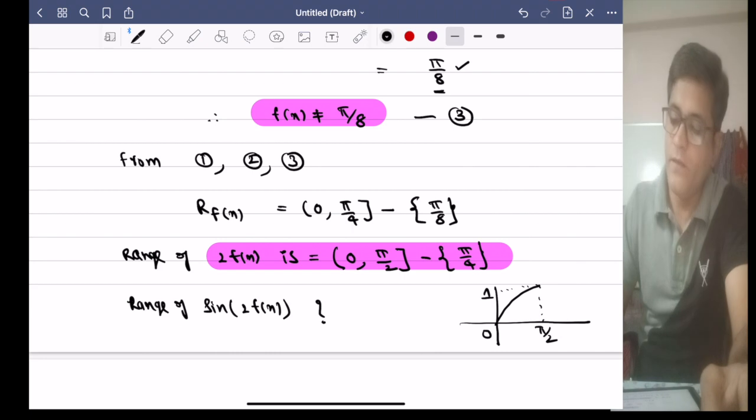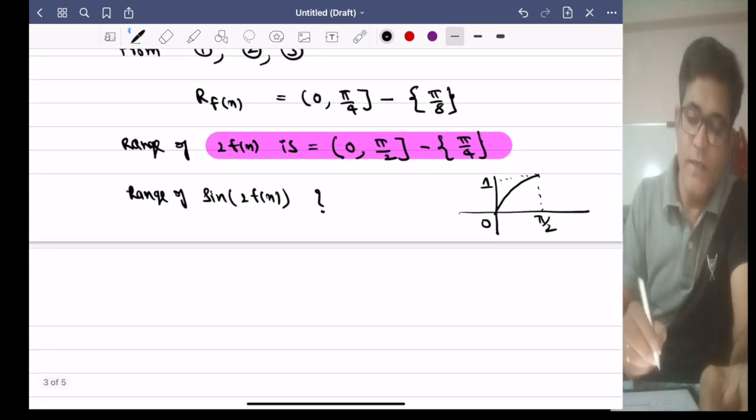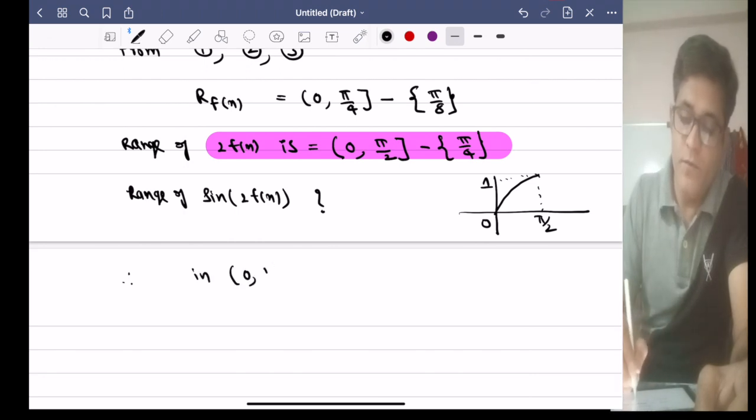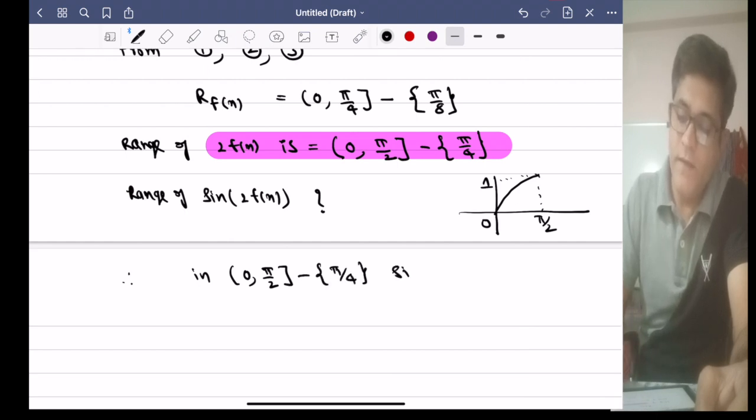This is 1. Therefore, to find the range, in 0 to pi by 2 closed minus pi by 4, sine is an increasing function.